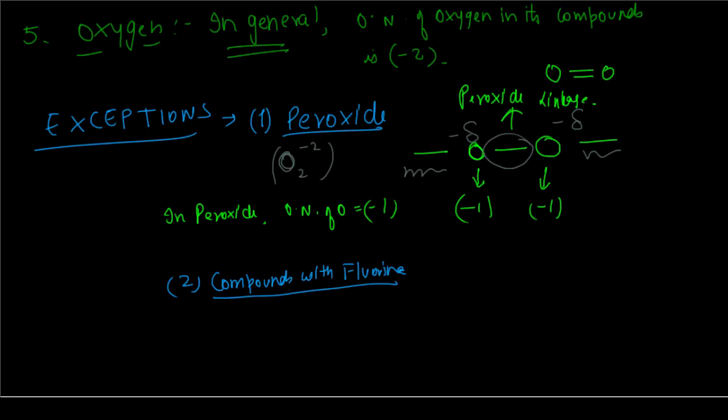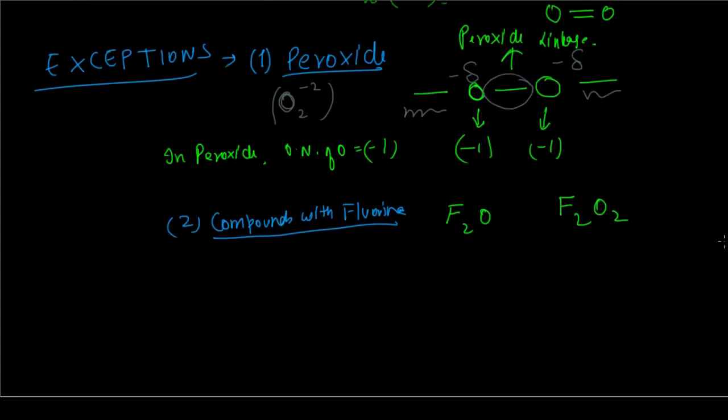If you see compounds of fluorine with oxygen, there are only 2 compounds, F2O and F2O2. Only these 2 compounds have oxygen and fluorine present together. In each of these compounds, if you draw the structure, oxygen forms 1 bond with fluorine and 1 bond with another fluorine. This is your F2O. Between F and O, which is more electronegative?